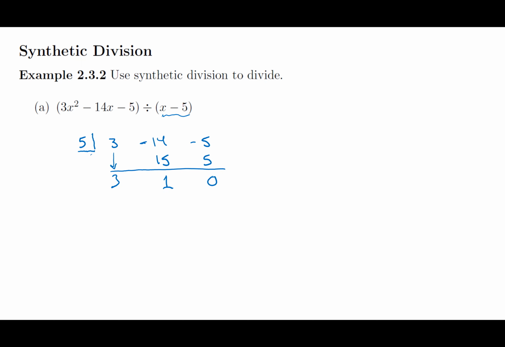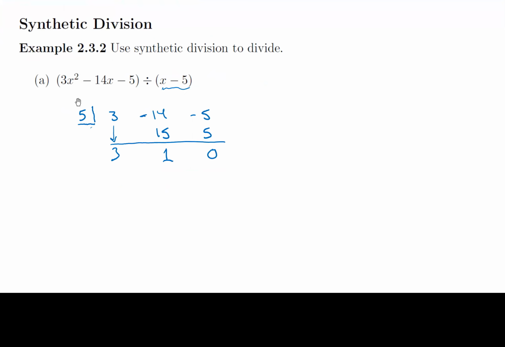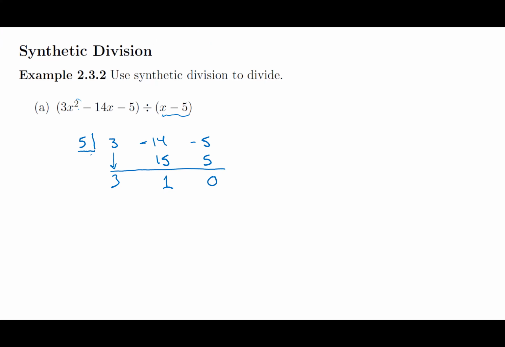Now keep in mind what this means in terms of the degrees, right? I'm dividing, whoops, zooming in. I'm dividing degree 2 by degree 1. So what this tells me here is this 3 is the coefficient of x, and 1 is the constant.